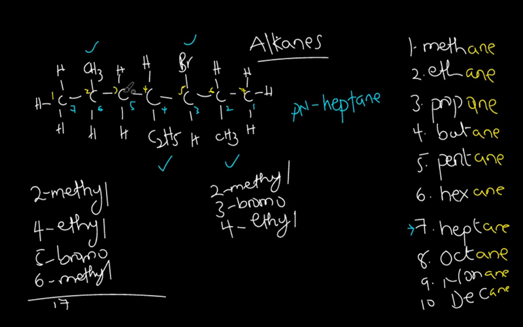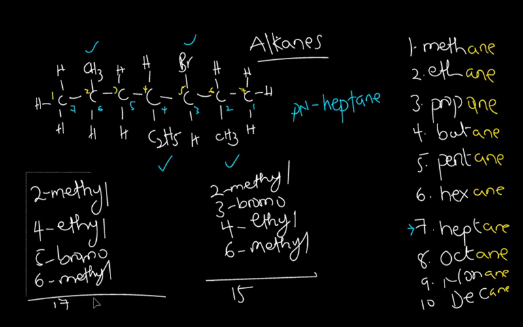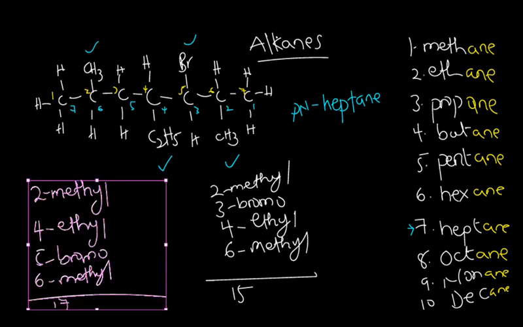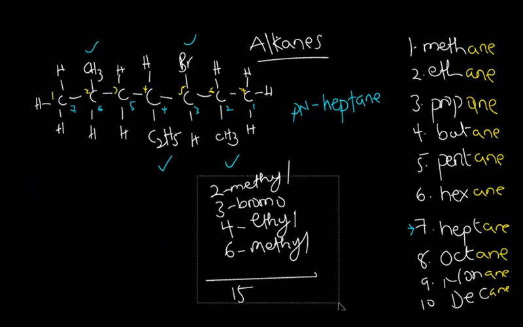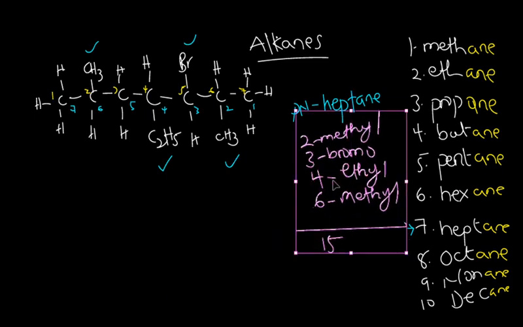Then the last methyl will be on 6, so we have 6 methyl. If we add the numbers, this is 10, this is 15, so we have 15. In this example, the yellow ones will not be correct because they will give us 17, which is a higher locant. So we prefer to go with the one with the lowest locant, which is 15. So in this example, we are nullifying the red part. These are our substituents.